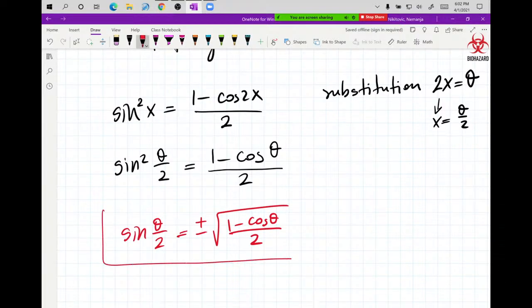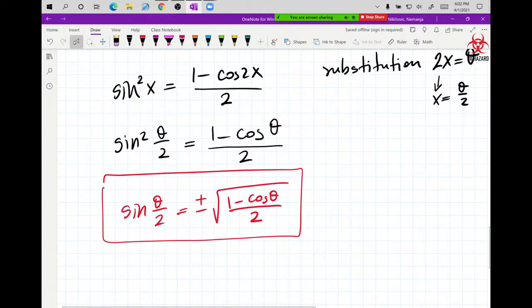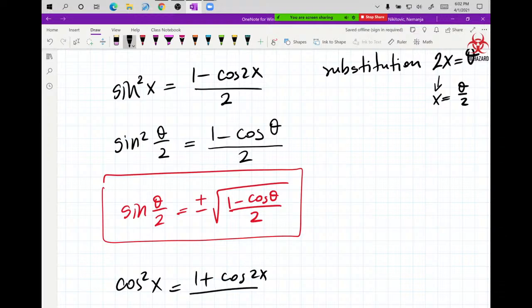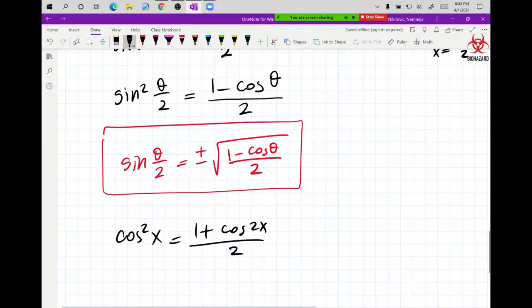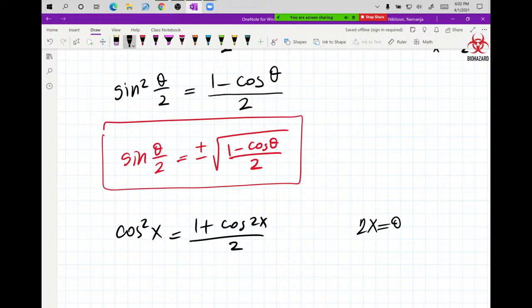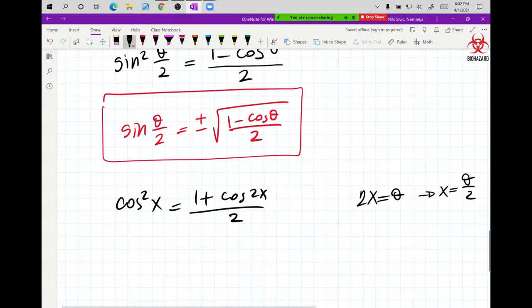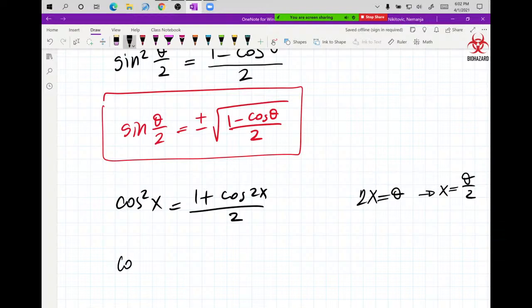So that's one of the half angle formulas, and you can get the other one in exactly the same way. You have your cosine squared x is equal to 1 plus cosine 2x over 2. Use the same substitution, where 2x is theta, from where x is theta over 2, and just plug them in. So cosine squared theta over 2 is equal to 1 plus cosine theta over 2.